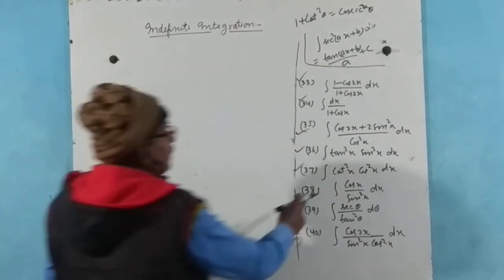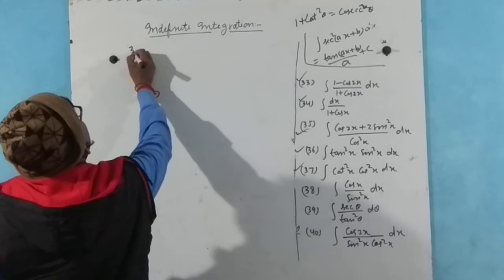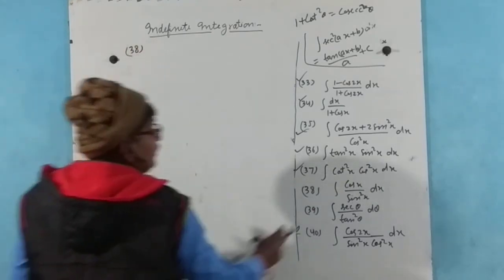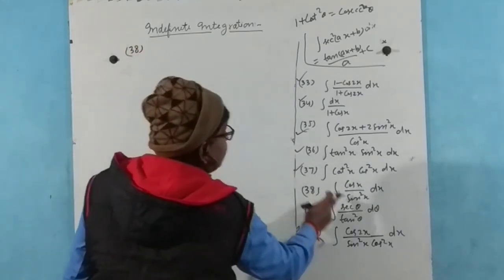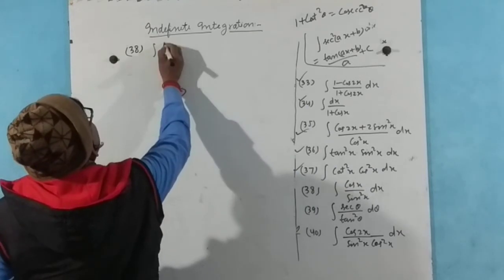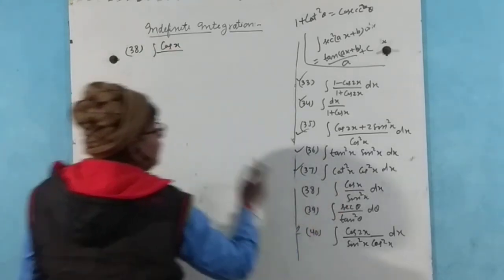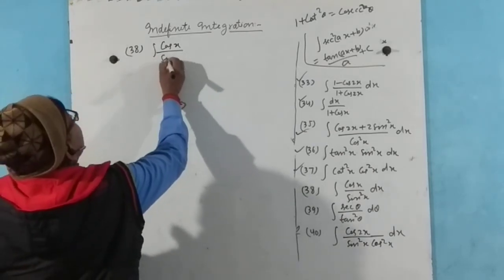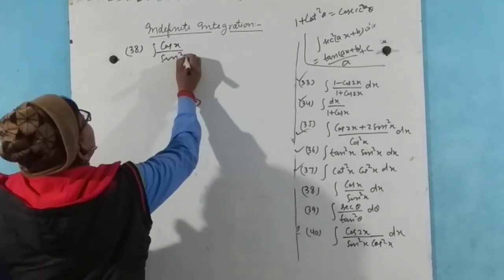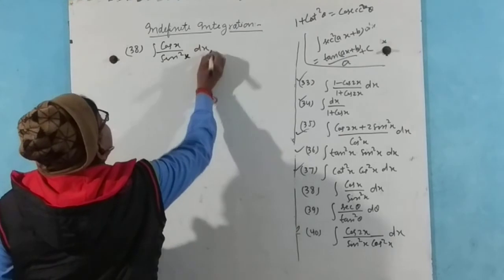Now question number 38. Integration of cos x divided by sin square x dx.